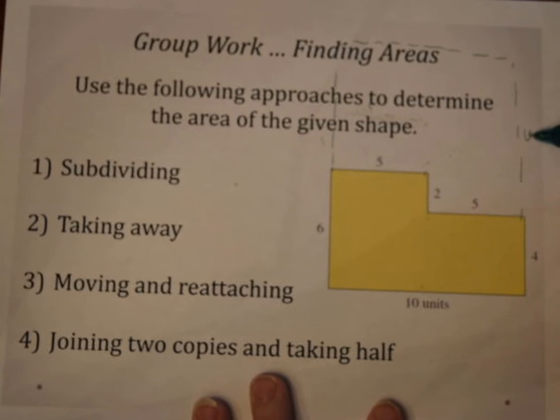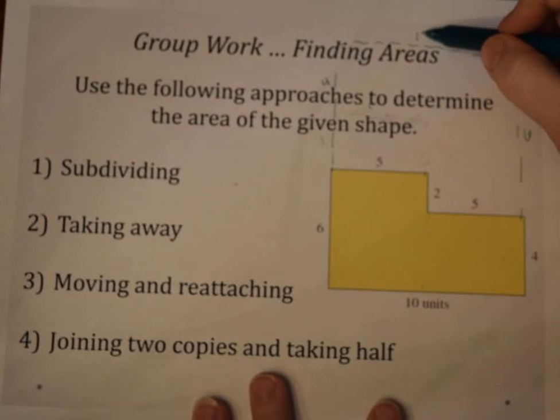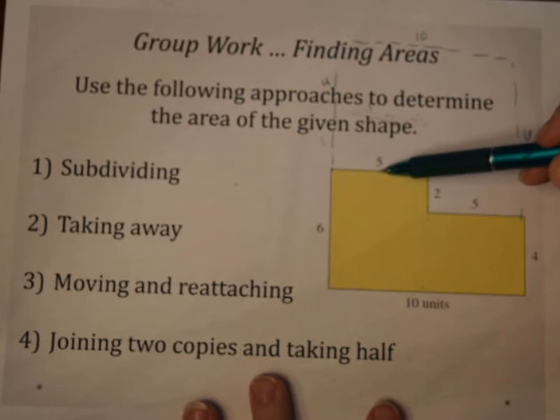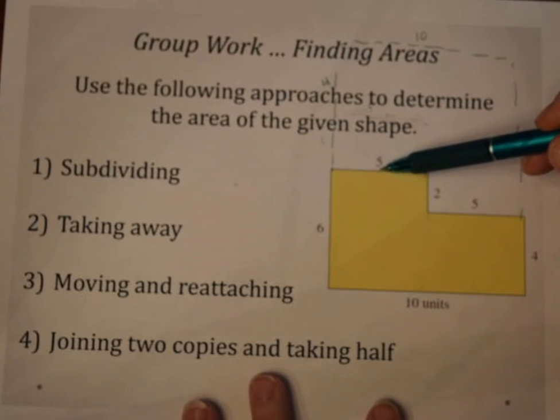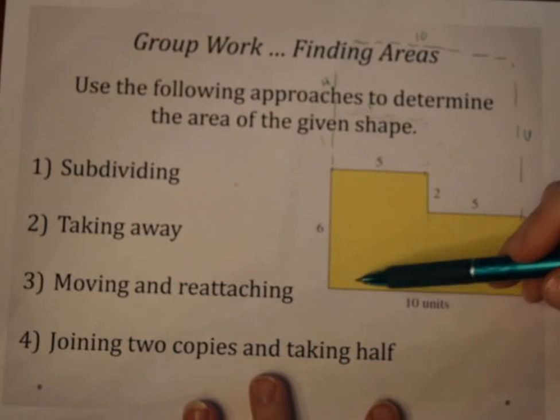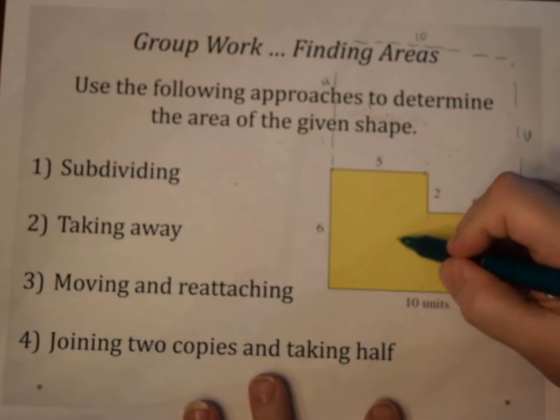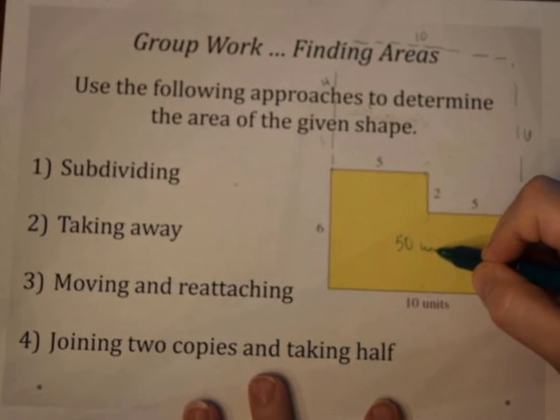This would be 6, because this rotated over here. This would be 4. This would be 10. And then this 5 would match up here, and this 5 would match up here, and the 2 matches up with itself. And so what we would have is a 10 by 10 square. But that's actually 2 copies of the same thing. So we'd have to divide by 2 to get 50, which is the area of this one. So 50 square units.